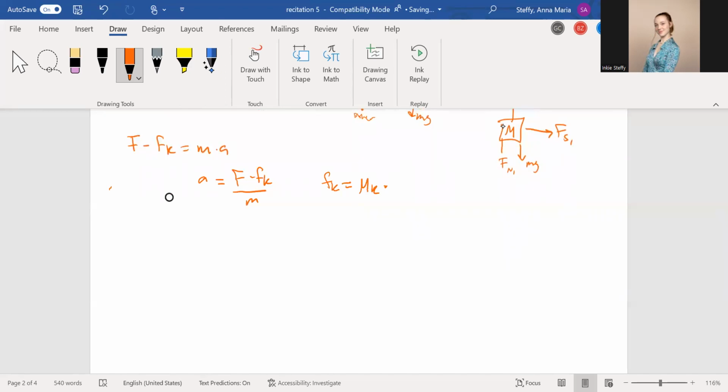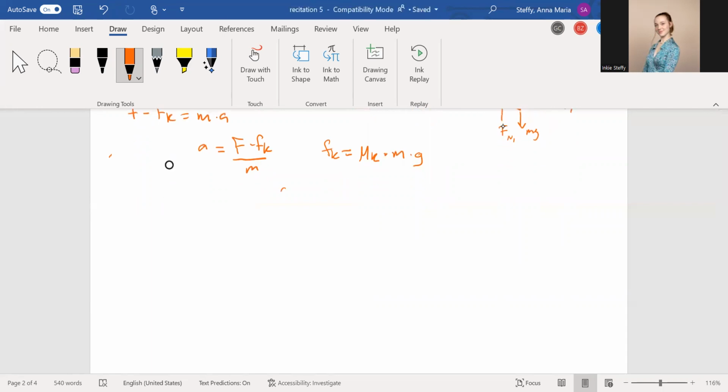But we know that the normal force is tiny m g, because this is in relation to the top box, which is the combination of all these forces. That's what that is.